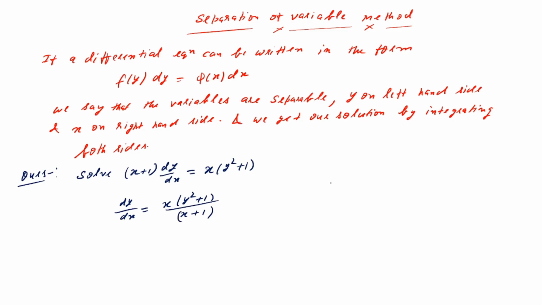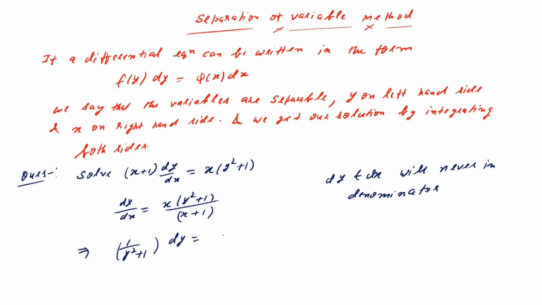Remember one thing, that dy and dx will never be in the denominator. This implies that 1 upon (y square plus 1) into dy is equal to x upon (x plus 1) into dx.